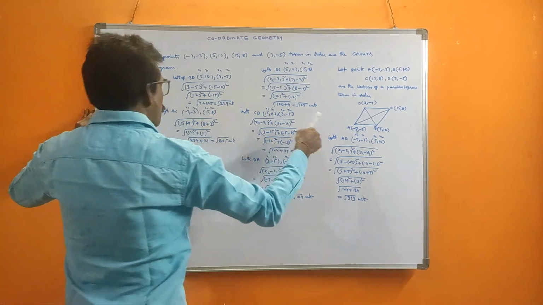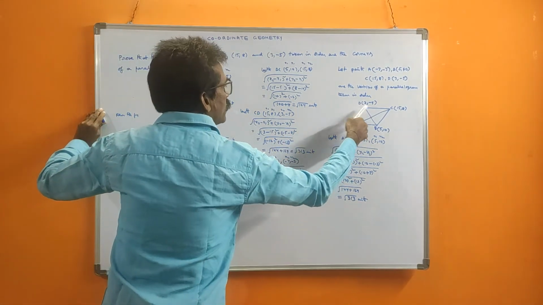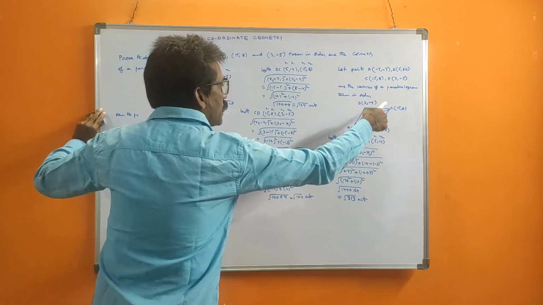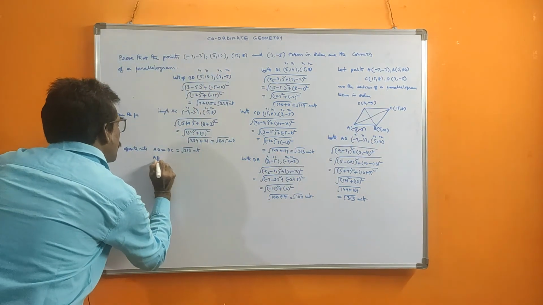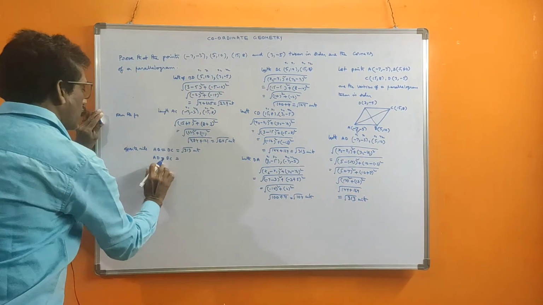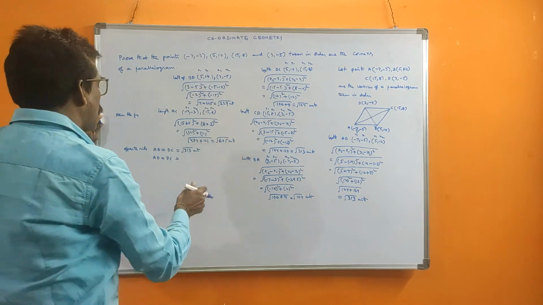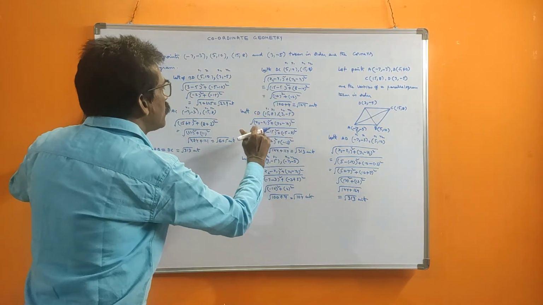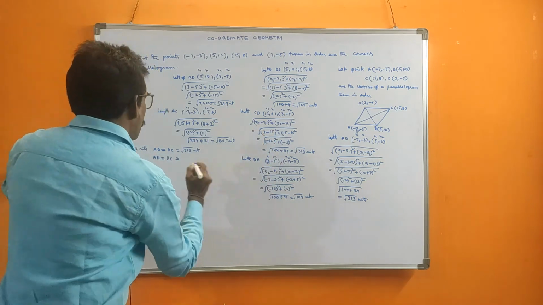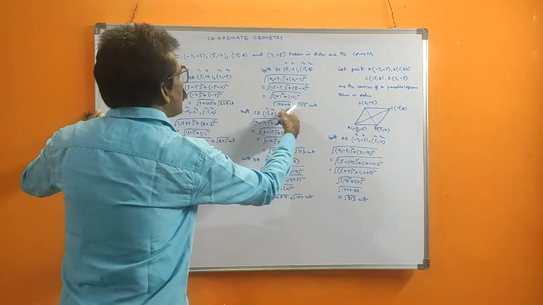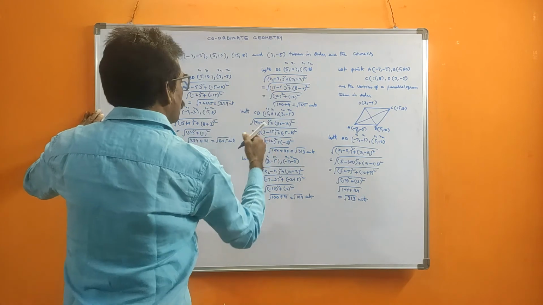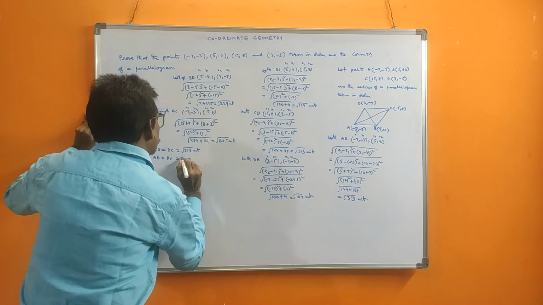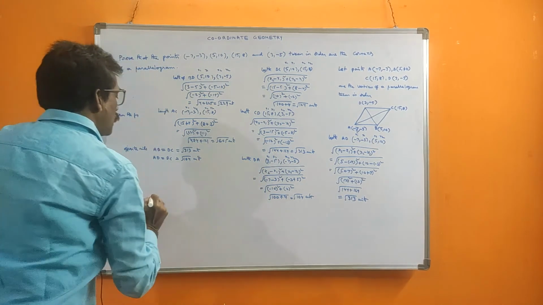Okay, next AB, DC. Now AD, BC, you see. If I write is equal, not there means then we will write not. So AD is what? Root 104. This is also BC, also root 104 units.